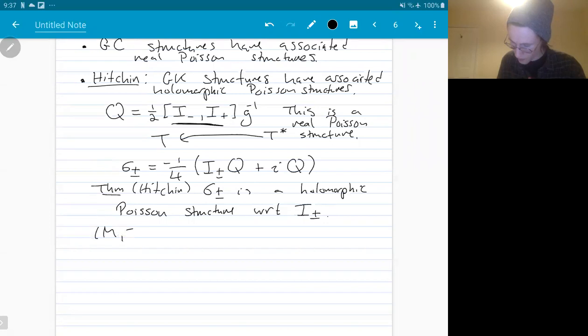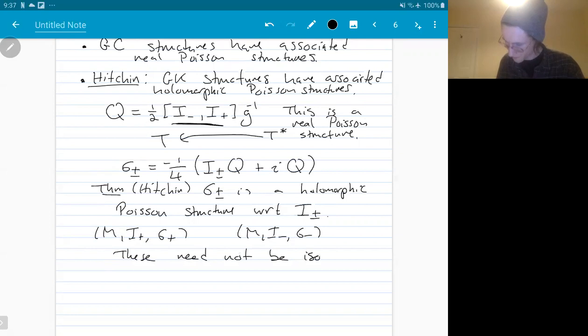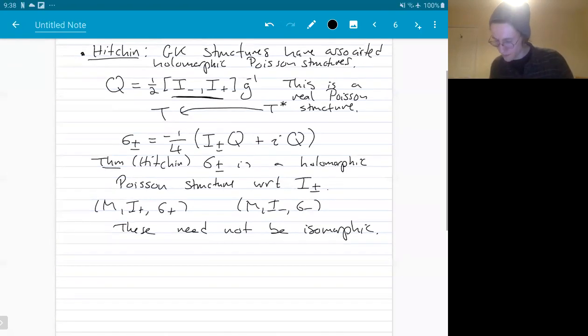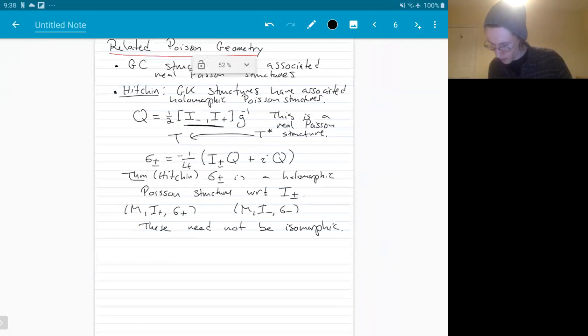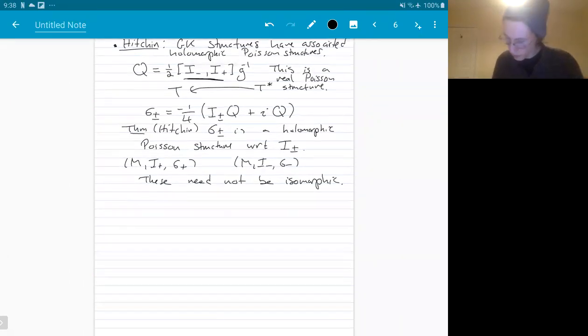If we consider (M, I plus, sigma plus) and (M, I minus, sigma minus), these need not be isomorphic. So you could have genuinely different Poisson structures on the same smooth manifold, which are both part of the same generalized Kähler structure. So they're not isomorphic, but they do have the same imaginary part.